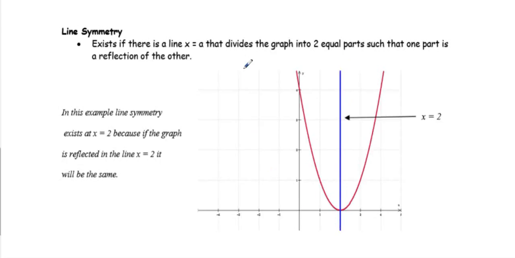It divides the graph or the function into 2 equal parts. In this particular example, you can see that this is a parabola. The vertex is at 2, 0, and you can see that the axis of symmetry is at x equals 2. So there is line symmetry for this parabola at x equals 2.